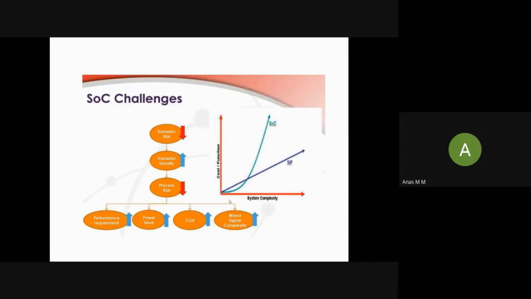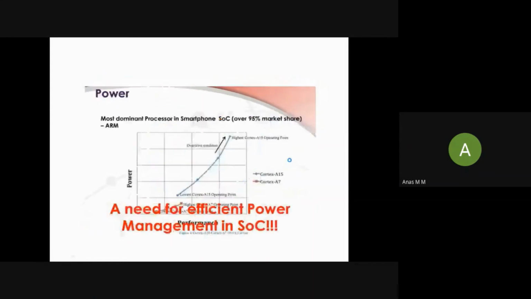We need to improve the technology and various technological aspects to make SoC implementation simpler. This is a graph where, when we increase the system complexity compared to SiP, SoC has a higher cost. That is a challenge. We need to make it linear rather than exponential.